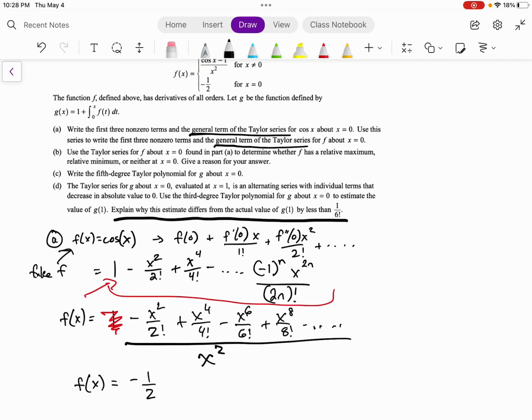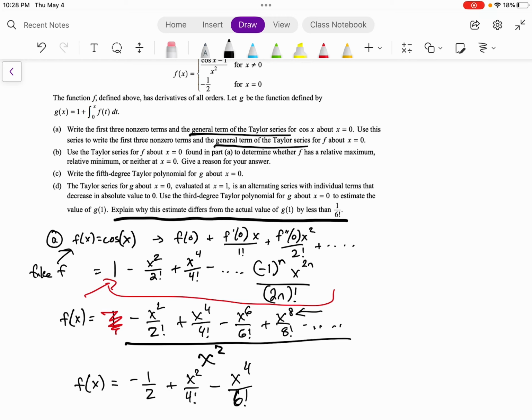We took a long way to get there, but now all these other terms are going to flow a lot faster. So x to the 4th over 4 factorial times x squared is going to be x squared over 4 factorial. And then the next one is going to be x to the 4th over 6 factorial, and so on, because each one we're going to reduce the degree by 2.